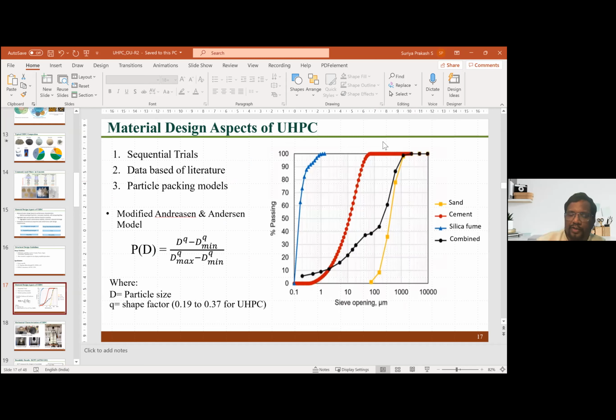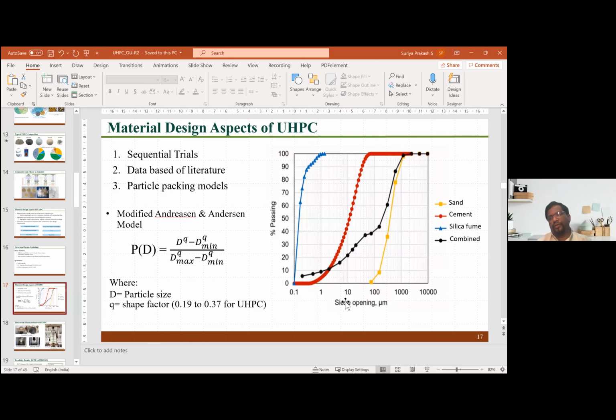We also try to use even ultra fine sand, because the whole idea is to use particles of different sizes so that you can pack them well. Silica fume is about 1 micrometer, and the ultra fine sand size can be even smaller.